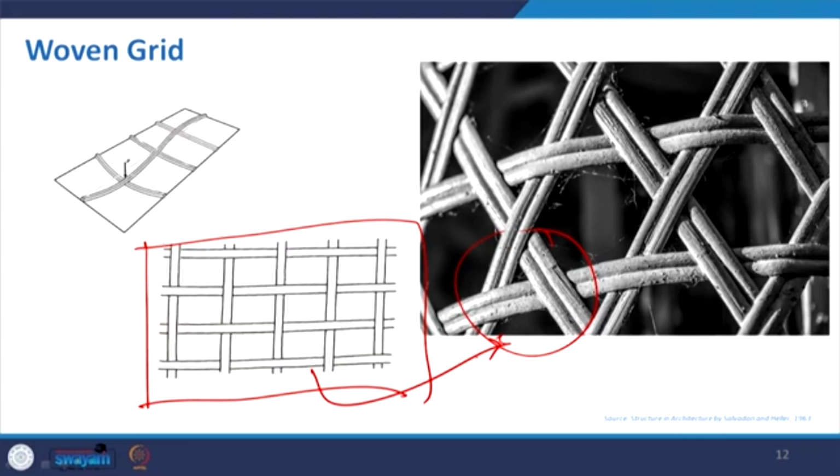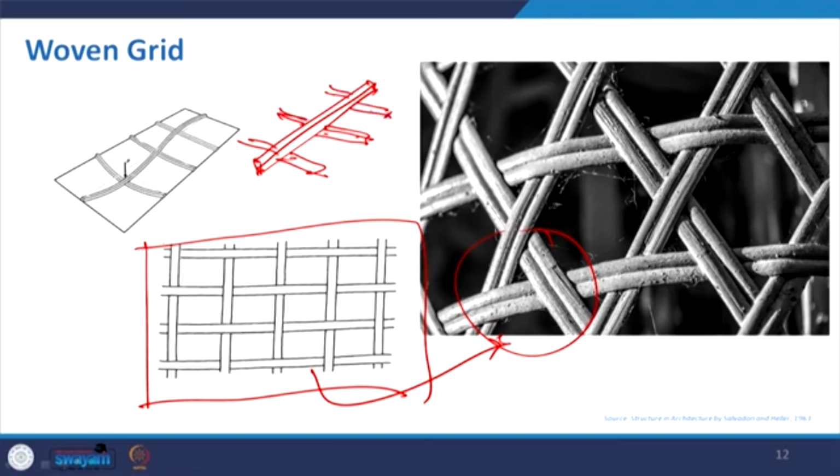Now, why is it more effective than the previous one? Here you can identify, if you see this image before deflection, one particular beam at the top and then other members just below it, so they are not in the same plane, one placed after another.